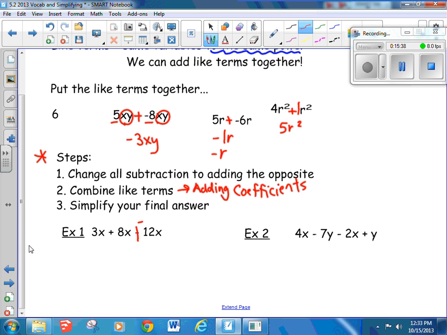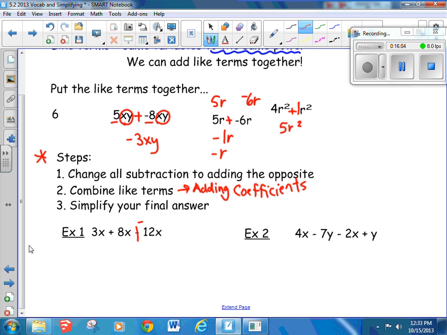Remember, subtraction is the same as adding the opposite. So if you change those signs to equivalent addition, you're more likely to catch the fact that it's being taken away or it's negative. Because remember, it was 5r and negative 6r. When I combine those together, it's never going to be 11r, because that 6r is negative.